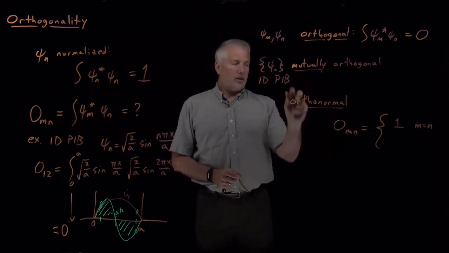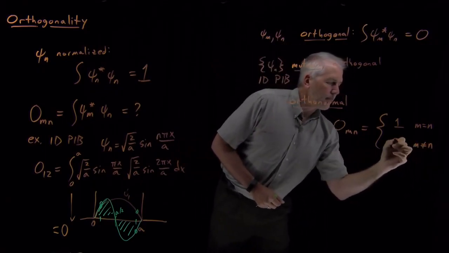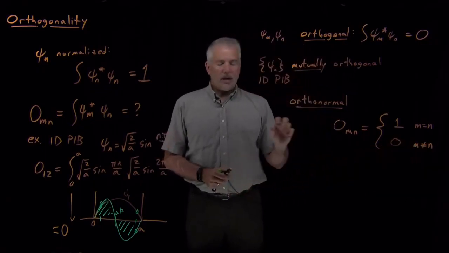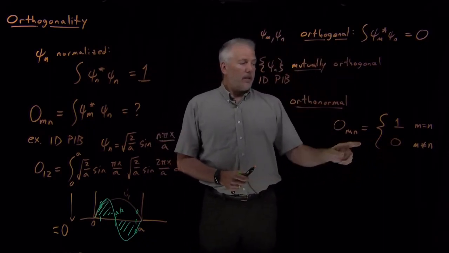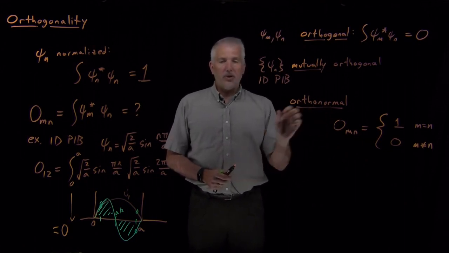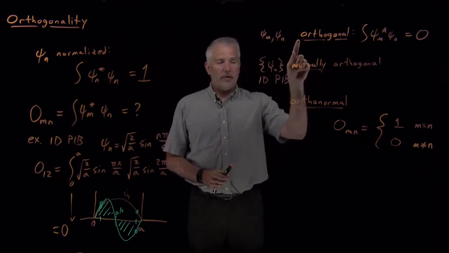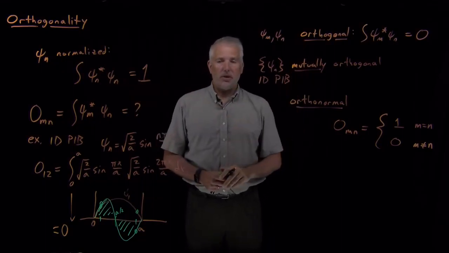But when m is not equal to n, for every pair, it comes out to be 0 because they're mutually orthogonal. Then we say that that set of vectors is orthonormal. In other words, an orthonormal set of vectors is one where every vector is normalized, and also the full set is mutually orthogonal.